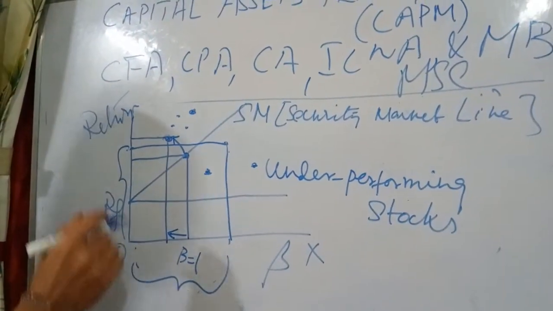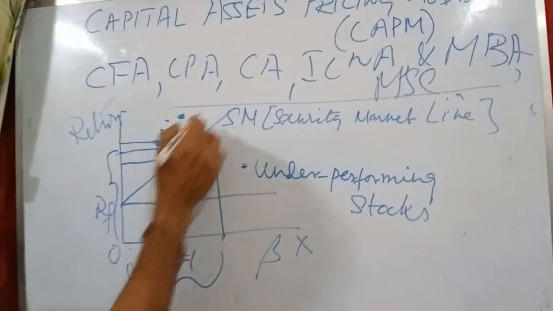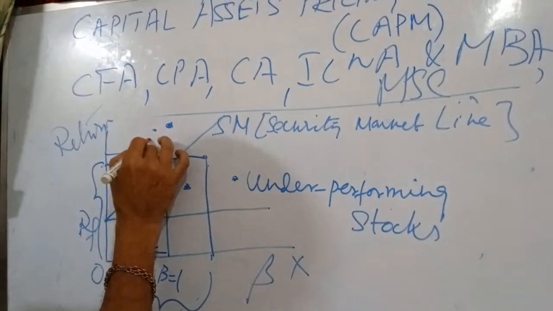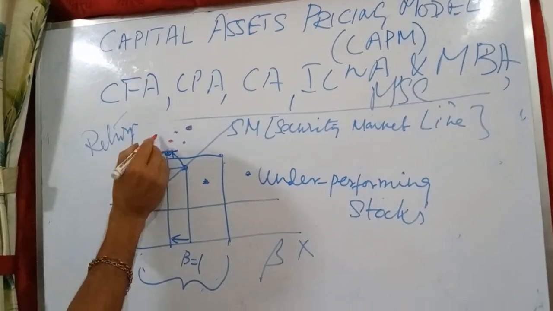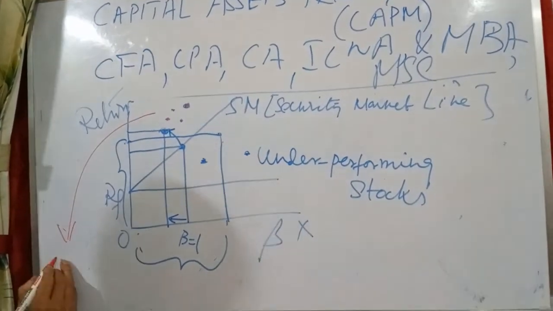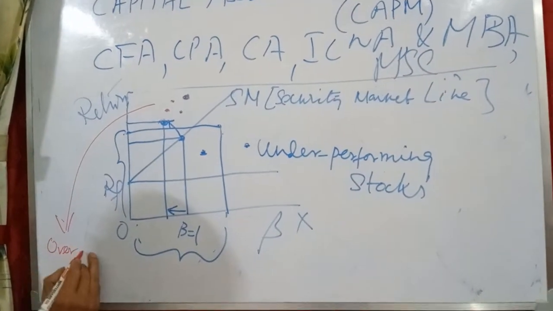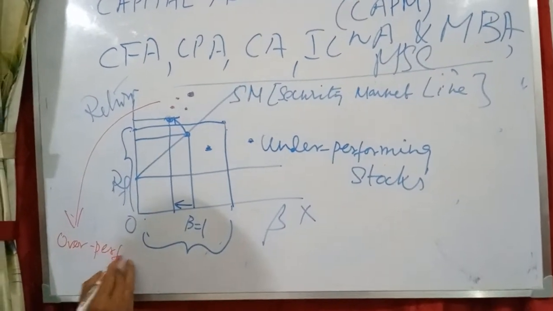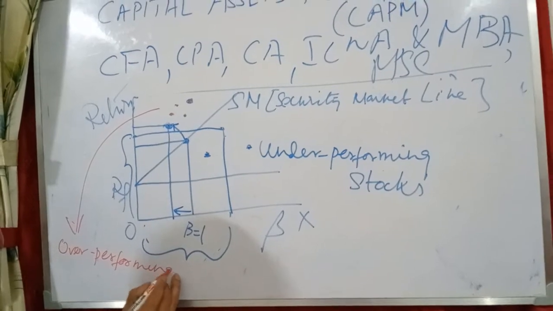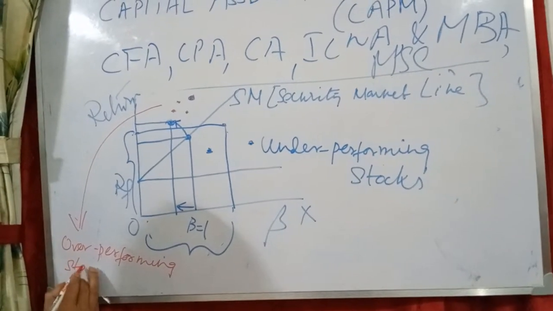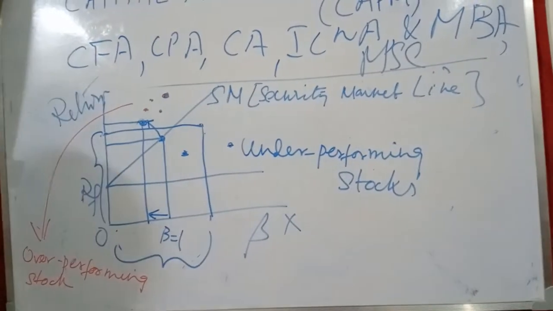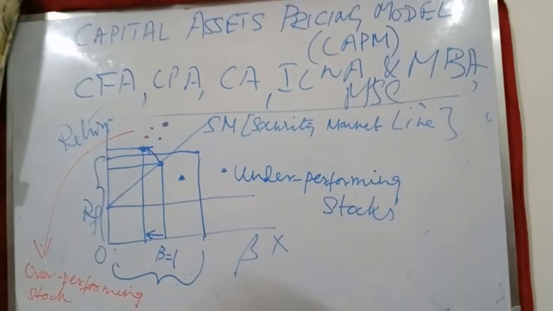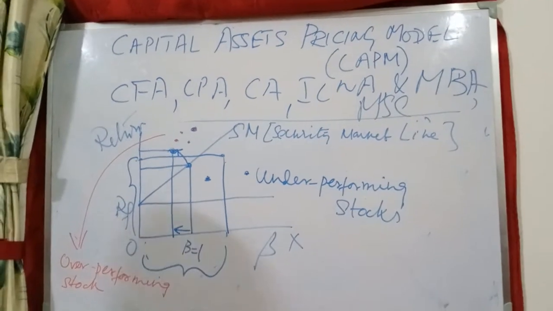In the same way, stocks lying above SML are called overperforming stocks. Now, how will the investor act rationally in this case?